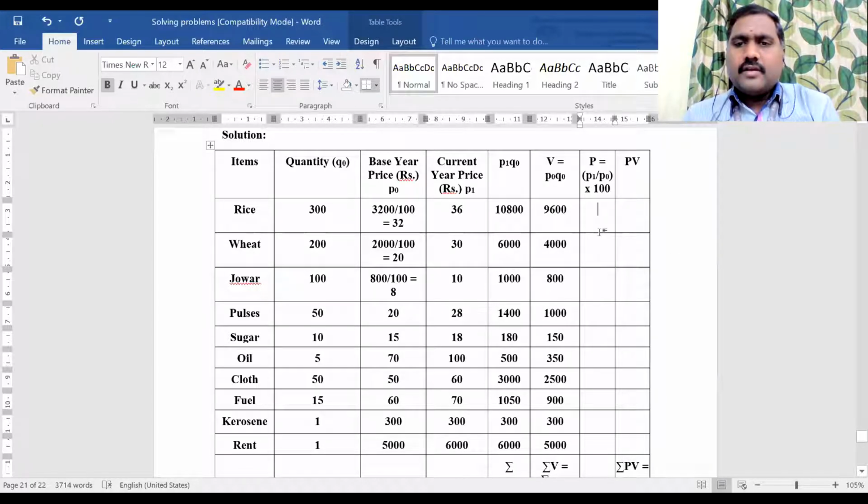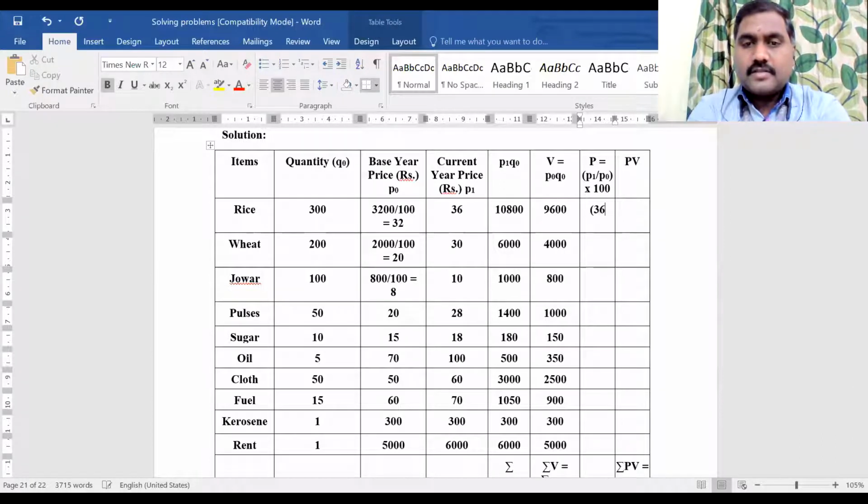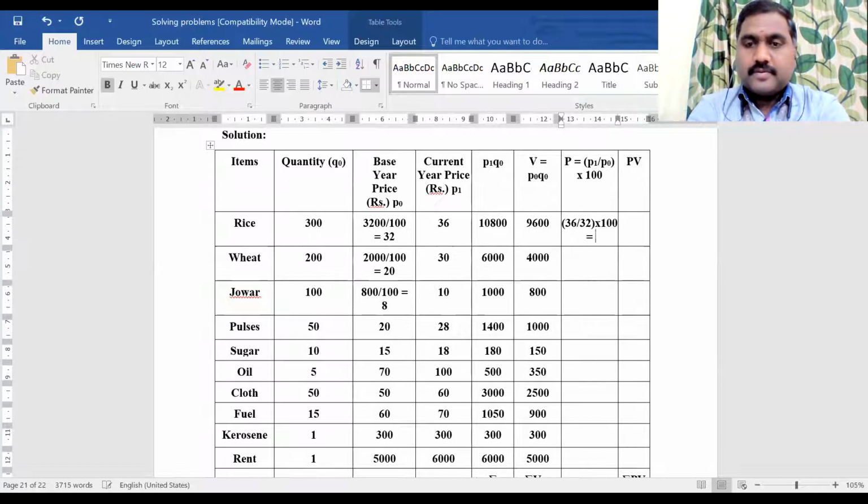Okay, so we got the V value, and next we need to find out P equal to P1 by P0 into 100. P1 by P0 into 100. That means 36 divided by 32 into 100. Okay, I will work it out on my calculator because it's very difficult to work out for you people. 36 divided by 32 into 100.